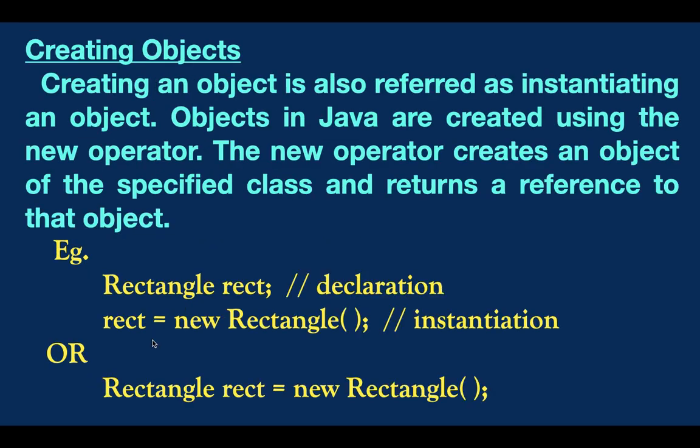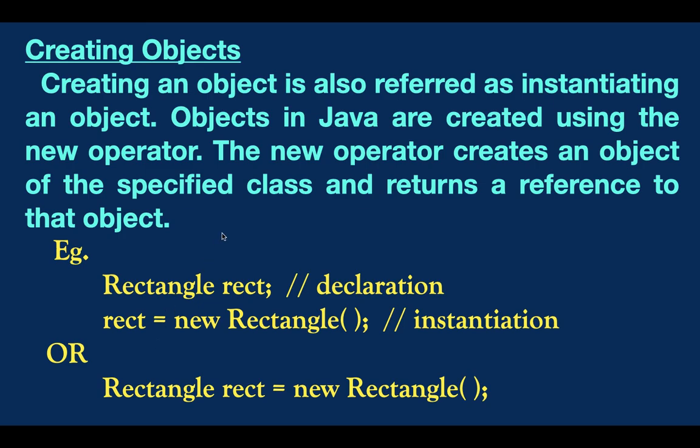Now going to the next topic, creating objects. Within a class we have created variables and methods and we have defined them also. Now how to use them? To use them we need to create objects of that particular class. Please remember, we need to create objects of that particular class.